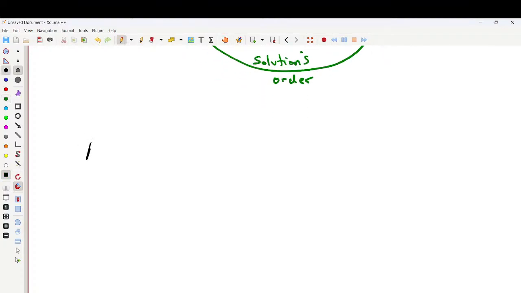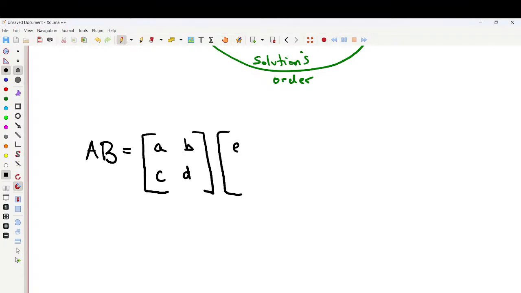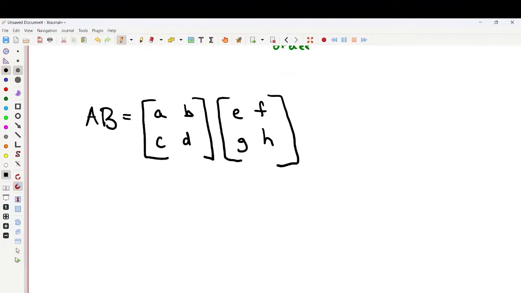We'll start with this. The most common type of matrix multiplication is a 2 by 2 by 2 by 2, so 2 square, but it's just the most common.